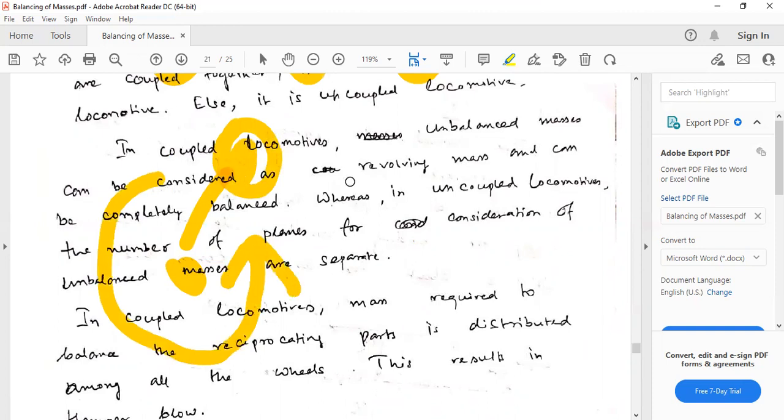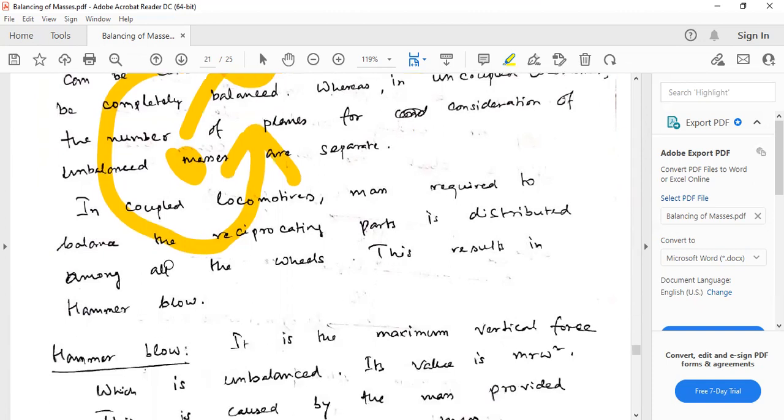This is similar to the balancing of rotating masses that we learned before this topic. In uncoupled locomotives, the planes for consideration of unbalanced masses are separate. This is similar to the part where we learned that several masses are at different planes, and there it caused the unbalance.